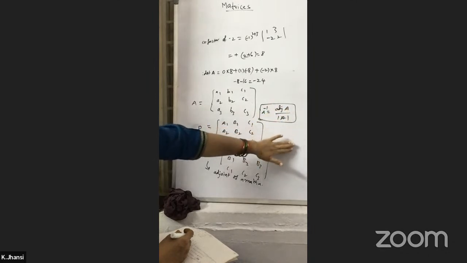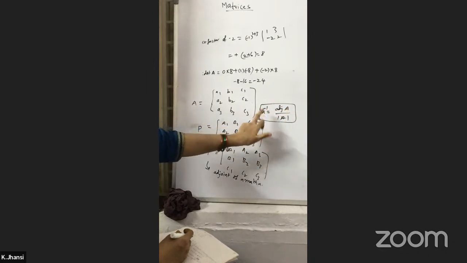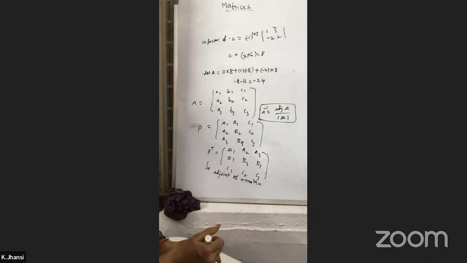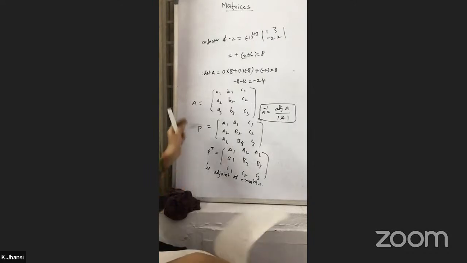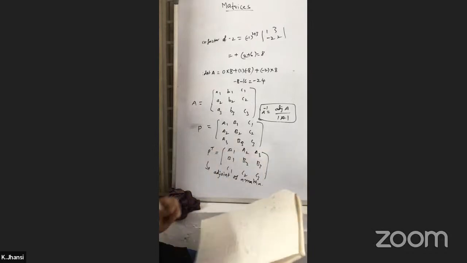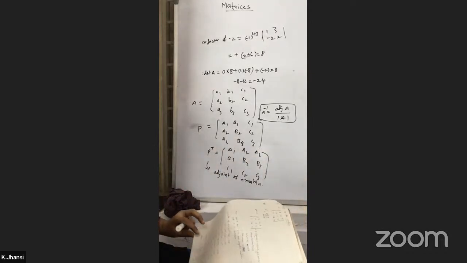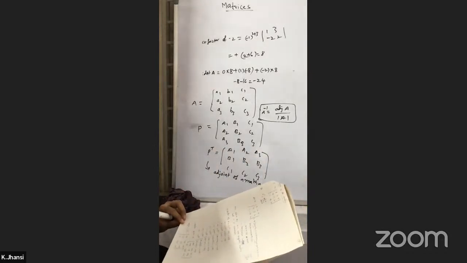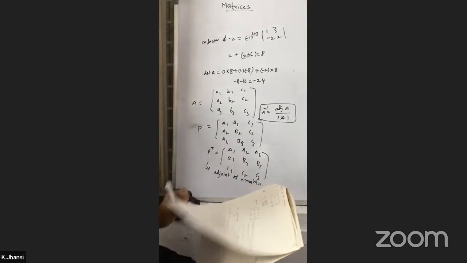If we simplify this, we get the inverse of the 3 by 3 matrix. Don't get confused about this concept. Once you understand it, and you see the problems, you will understand it very easily. So we'll see one problem on the inverse of a matrix.